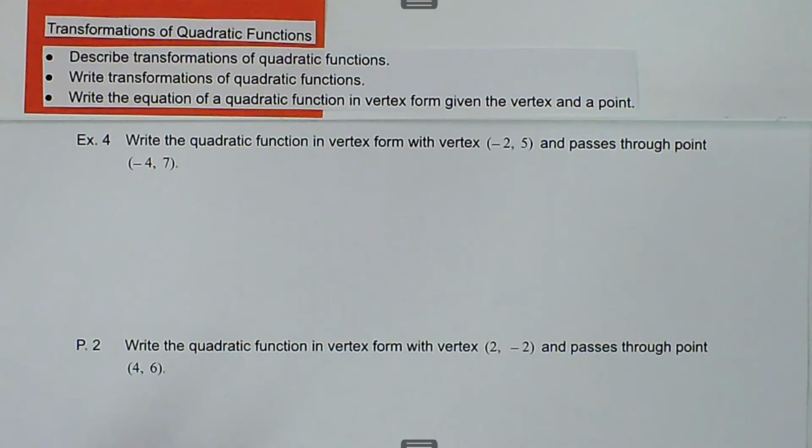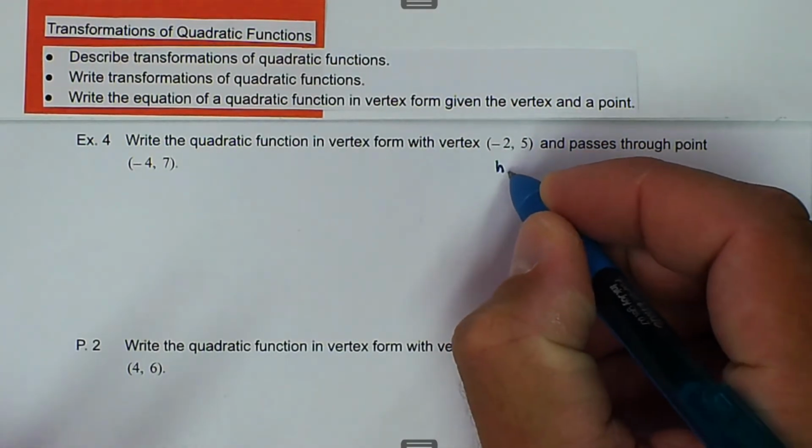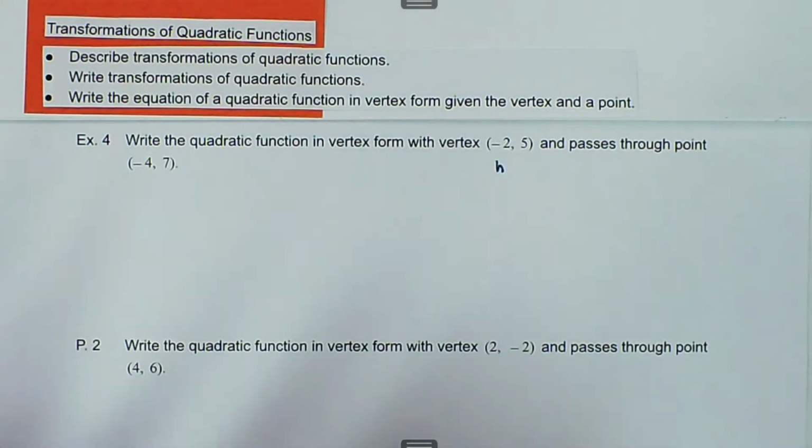We are talking about transformations of quadratic functions, and we want to write the equation of a quadratic function in vertex form given the vertex and a point. So here we are, write the quadratic function in vertex form for the vertex -2, 5, which is h, k.